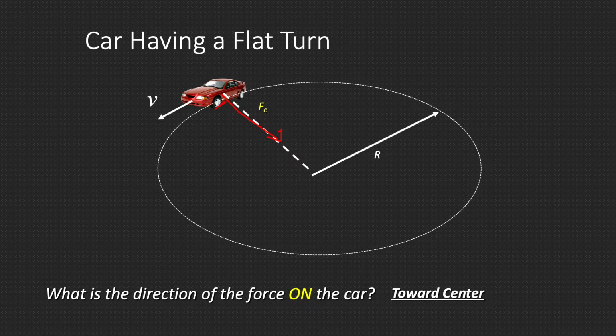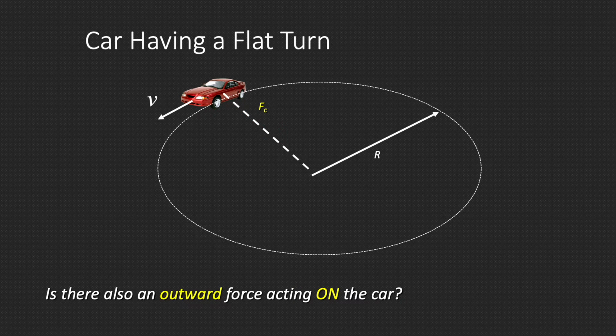As you can see here, the centripetal force is produced by the frictional force between the road and the wheels of the car. Without the friction, the car will continue moving on a straight path.